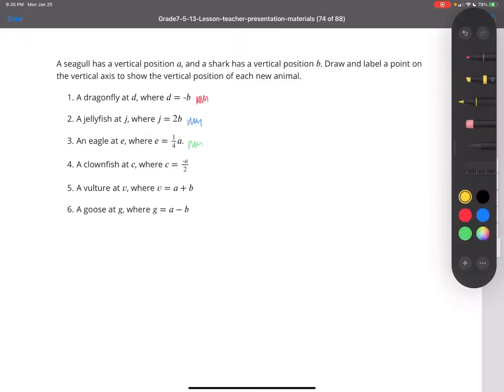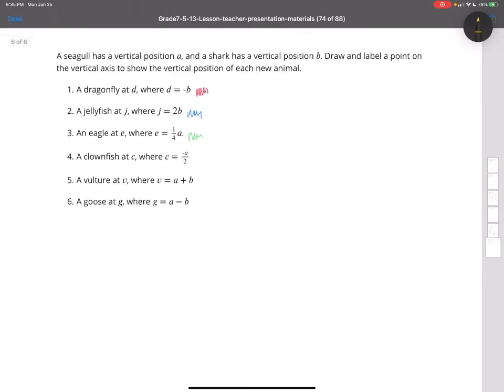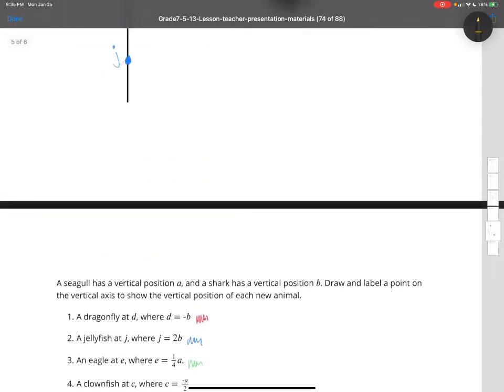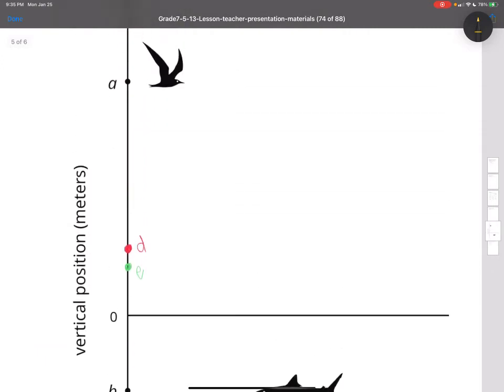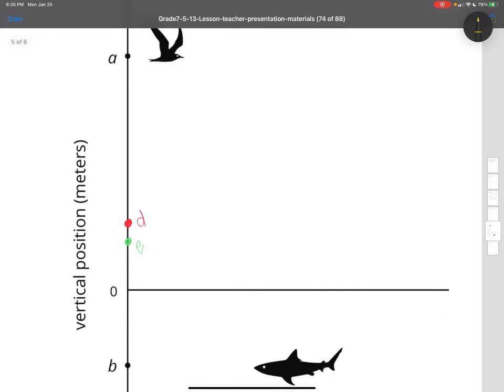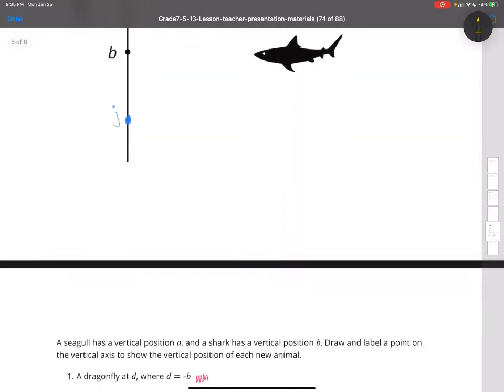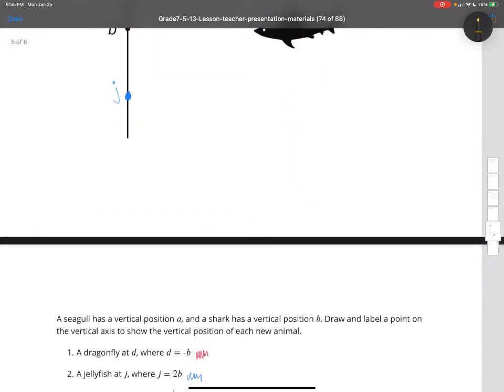Let's use yellow for the clownfish, where C is equal to negative A divided by 2. So C is equal to the opposite of A, divided by 2.